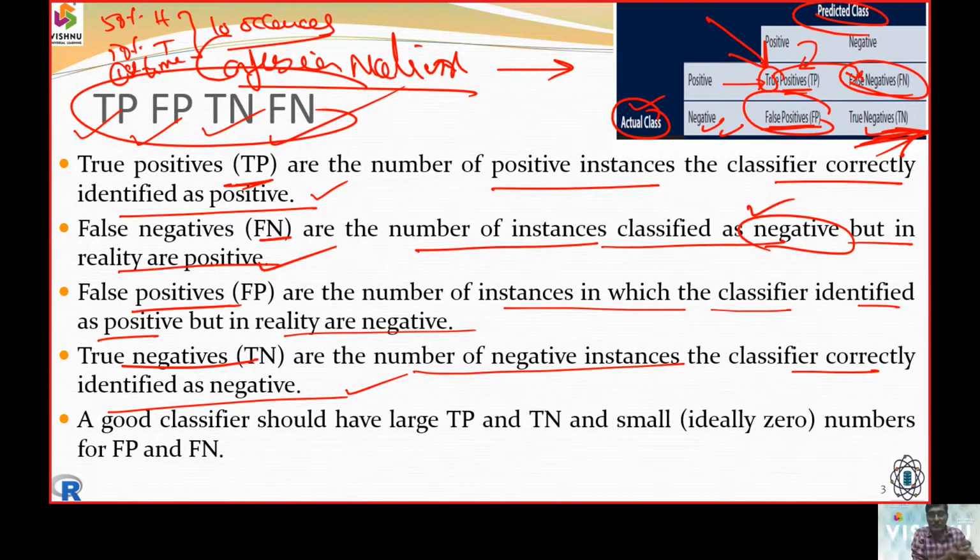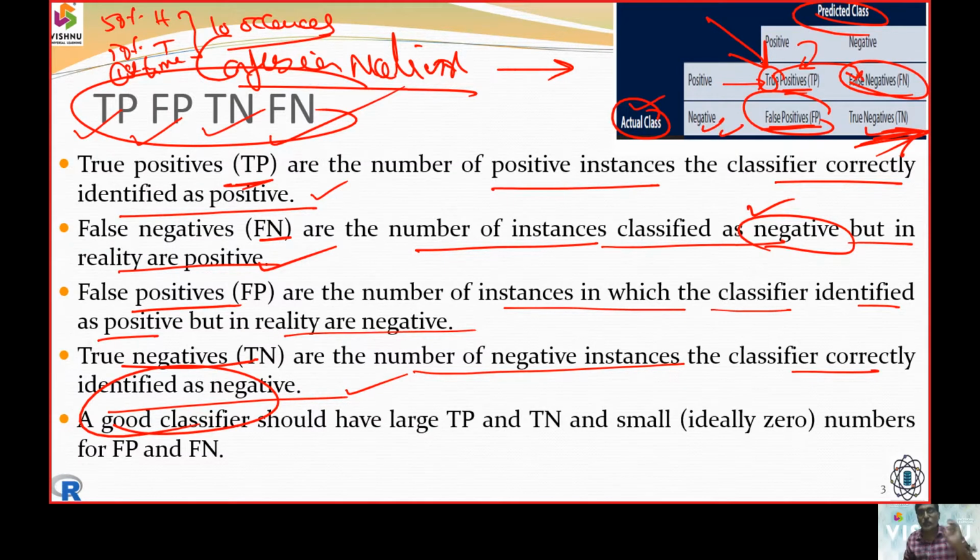Telling positive is correct, telling negative is also correct. So negative to negative is correct, positive to positive is correct. So the classifier should classify in such a way that true should be true, false should be false. One we call true positive, another we call true negative. These are the cases which get the classifier to be called a good classifier.